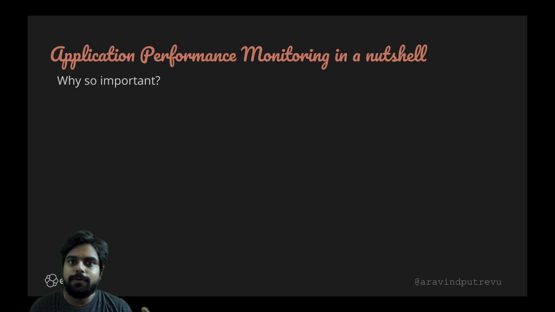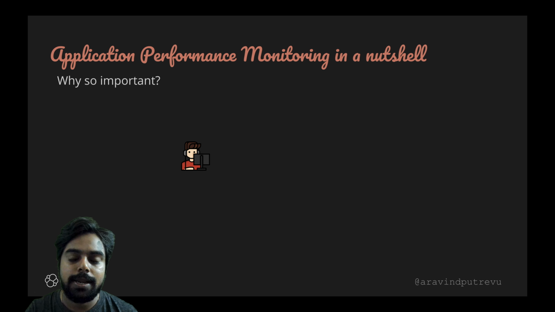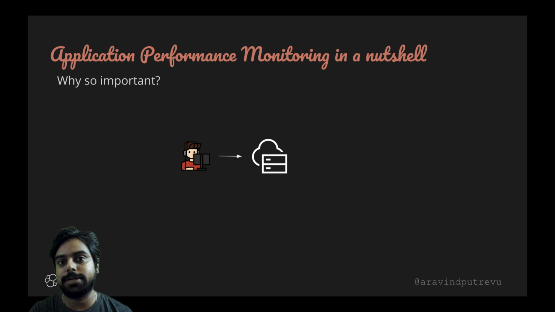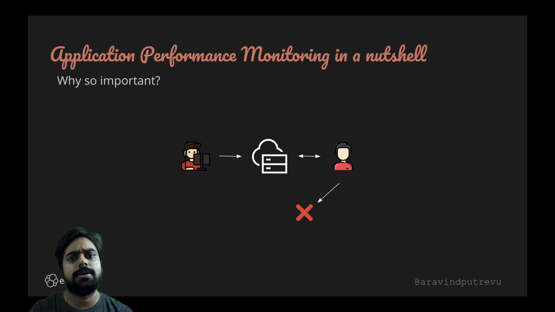But why is this so important? I'll explain with a real-world scenario. Say you are a developer and you have shipped code to your cloud or a data center that you are working with, and you have deployed it, and then the user starts interacting with it. The user might be facing errors, warnings, or delays in accessing the application due to a wide variety of reasons.